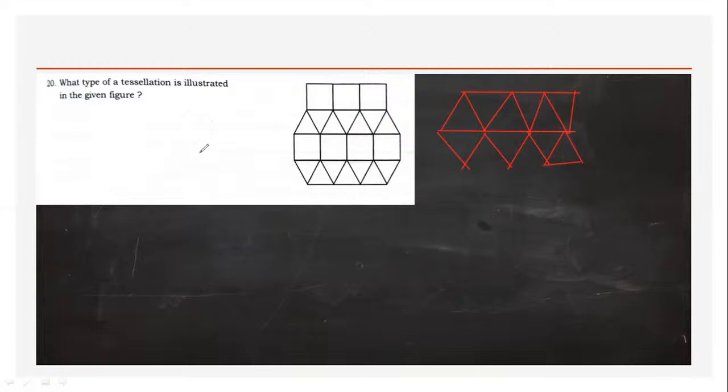So we can say this is a semi-pure tessellation.